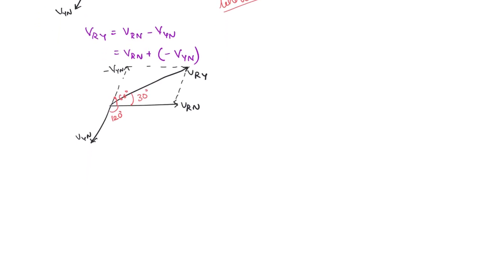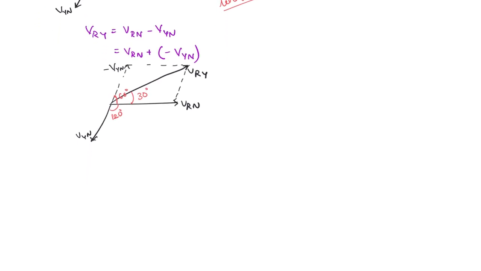Okay. So now what will be the line voltage phasor diagram on the star side? If this is 0 degrees, okay, you are going to have VRY here, which is having a 30 degree phase, and then you have VYB here, which is going to be 120 degrees lagging VRY.